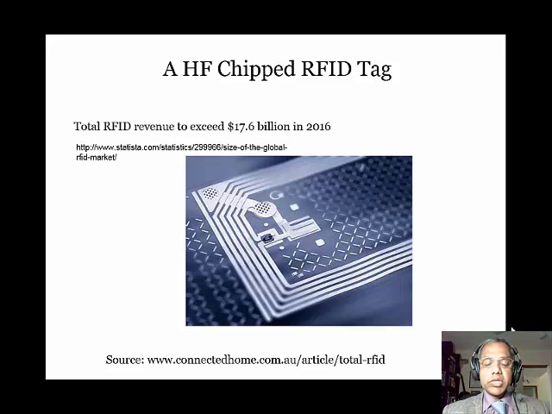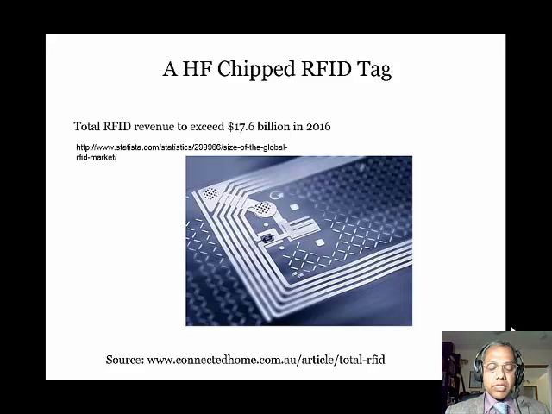Thus, wireless communication is established. The ASIC does all modulation and demodulation of the RF signal and transmits the unique ID to the reader, and that is further processed in middleware.